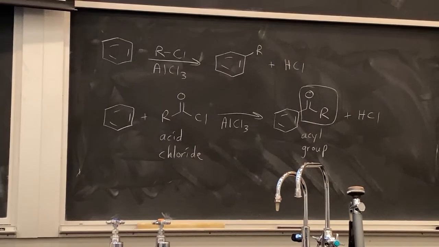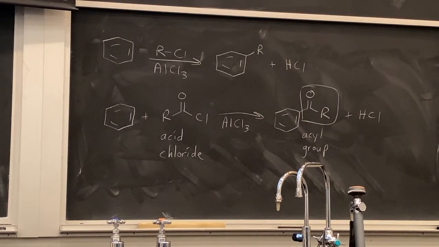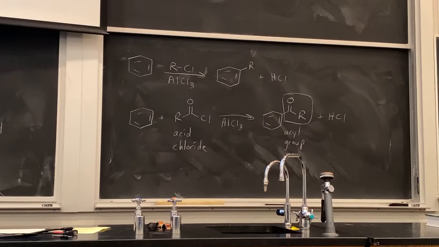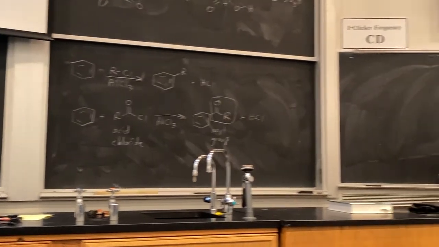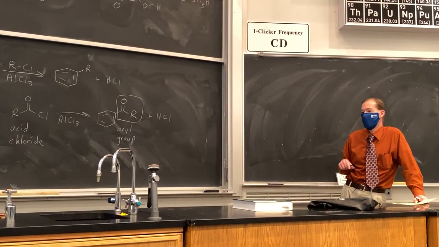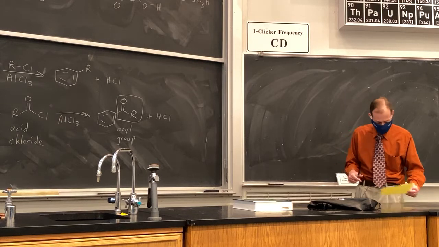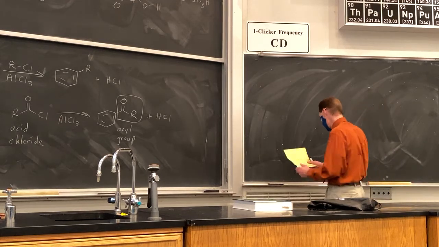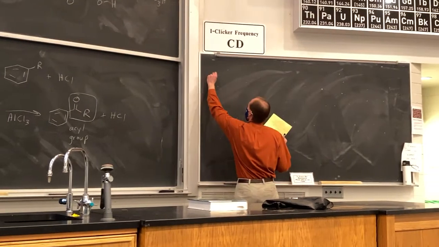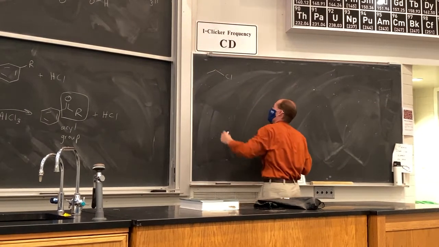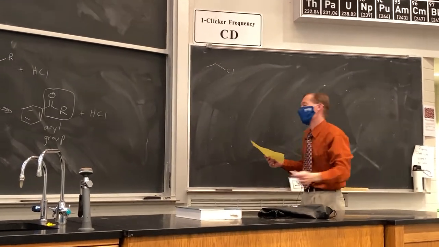So, how do we form the electrophiles? Let's start with the Friedel-Crafts alkylation. And the nature of the electrophile depends on what kind of alkyl halide we have. If it's a primary alkyl halide, let's use chloroethane as our example.